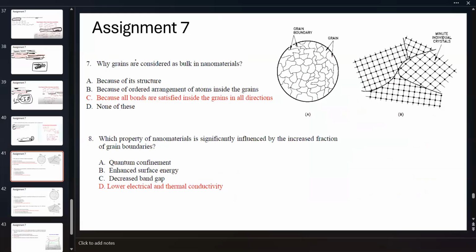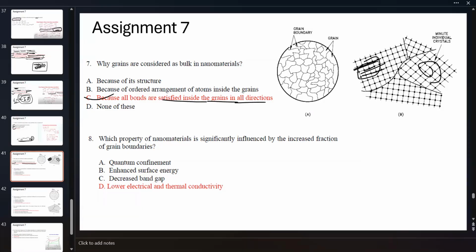Why are grains considered as bulk in nanomaterial? Inside the grain, you get a perfect crystal structure, right? Their properties are the same as what you get in bulk, without interfaces and all, because all bonds are satisfied inside the grain in all directions.